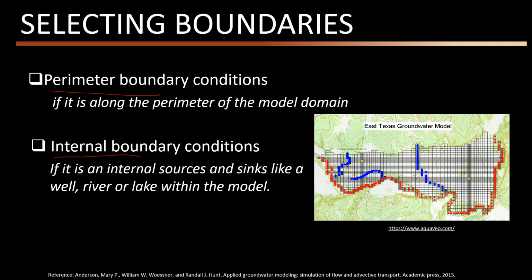For example, here you can see that these red boundary conditions are perimeter boundary conditions, and internal boundary conditions are, for example, these three blue rivers or these two yellow wells.